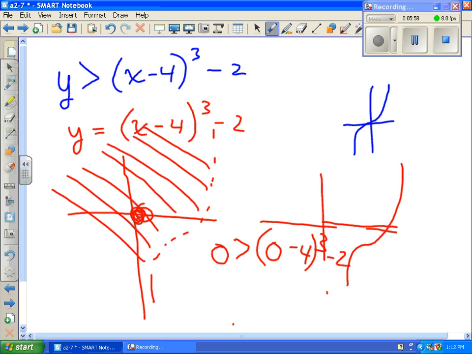And that is, is 0 greater than negative 4 cubed, which is negative 64, so this is negative 66. So the answer is yes. If a point in the region we're looking for is in the solution set, and we've done our algebra correctly, then that entire region is the solution set.